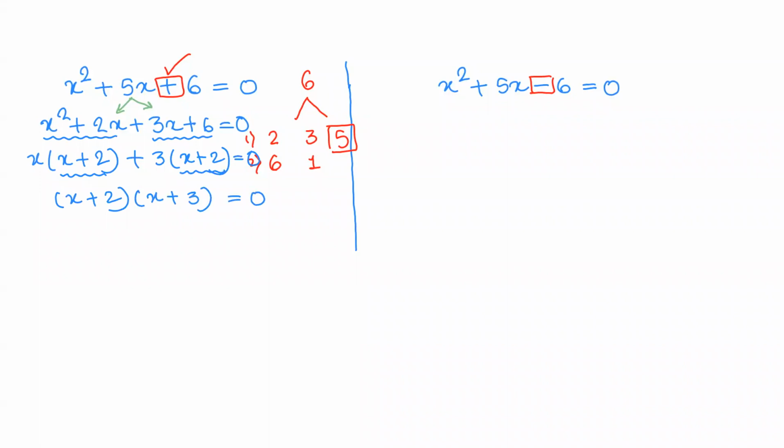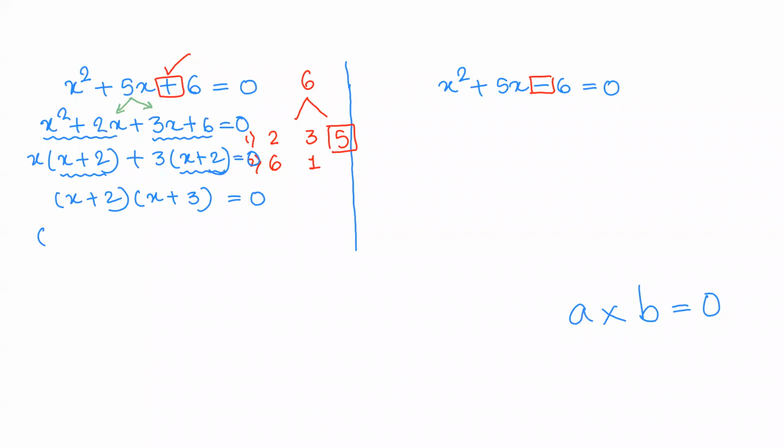Now the zero product rule in mathematics means that when we multiply two things and get the answer 0, one of the two is 0. That is, if a multiplied by b is equal to 0, then either a would be 0 or b would be 0. That is why the multiplication gave 0 as the answer. In the same way, if we multiply these two and get 0 as the answer, one of them has to be 0.